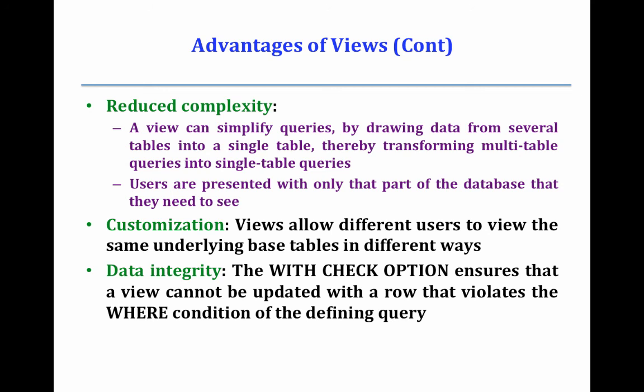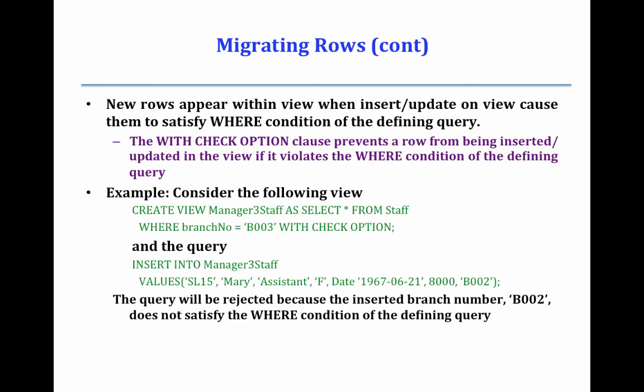So without the with check option, it's like the query optimizer has the option of not checking, just inserting it into the view even though it violates the defining query. It might be a legitimate addition to the base query. So here's an example. I create a view, my manager 3 staff view, where it only includes staff from branch 3, and then I try to insert into it a new staff member who belongs to branch B2.